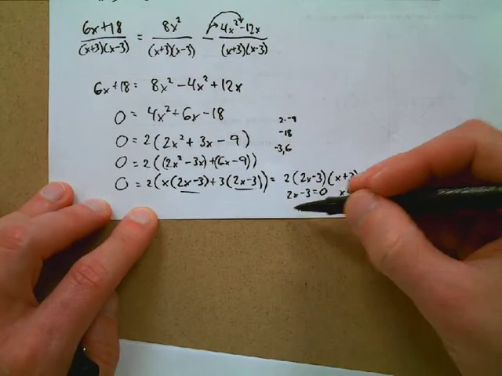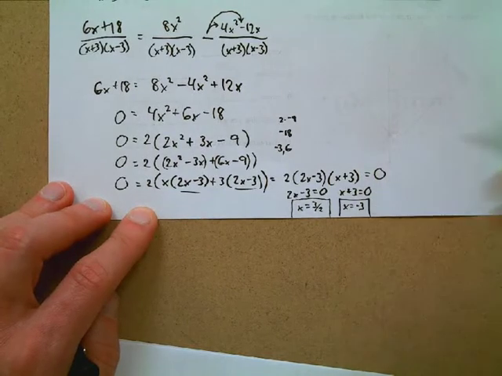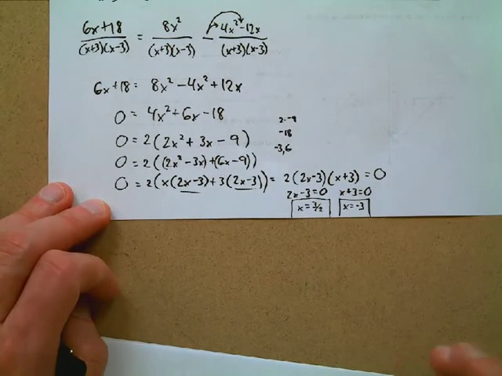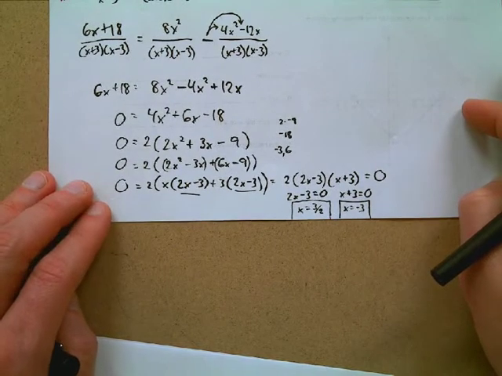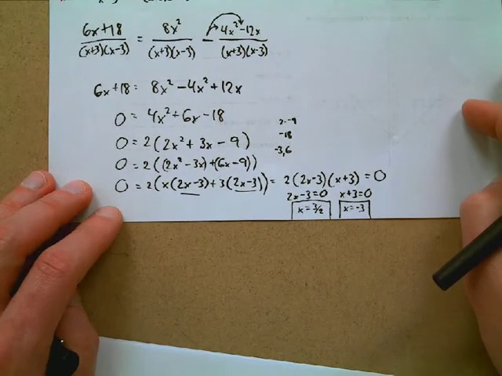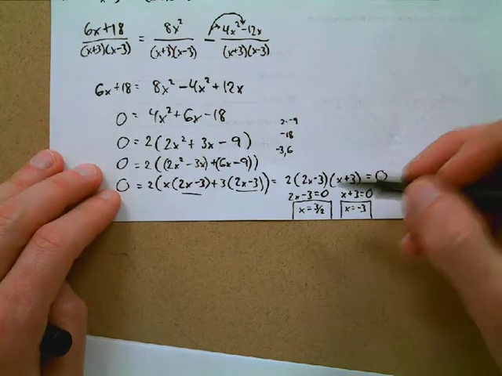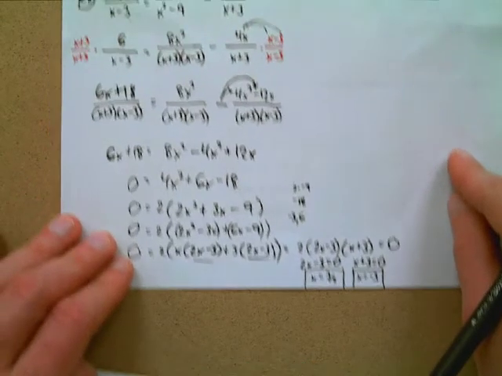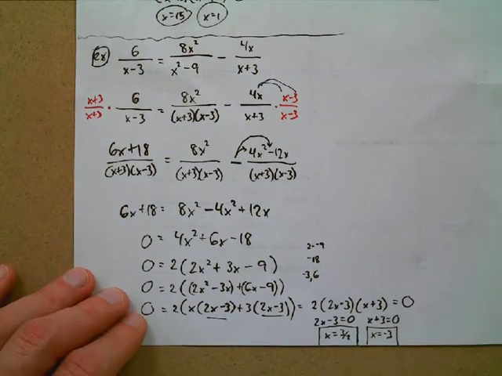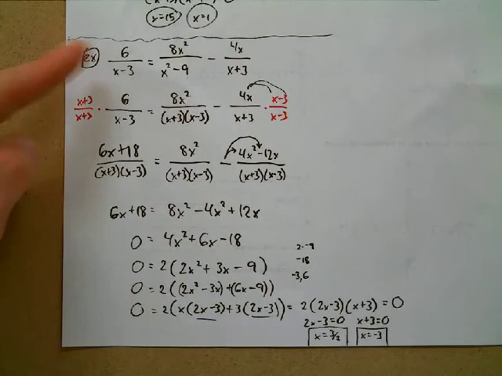Okay, do both of these answers work, or will one of them make our denominator undefined in the original equation there? Both of these answers work? Look at the original equation, the very, very original equation up here.